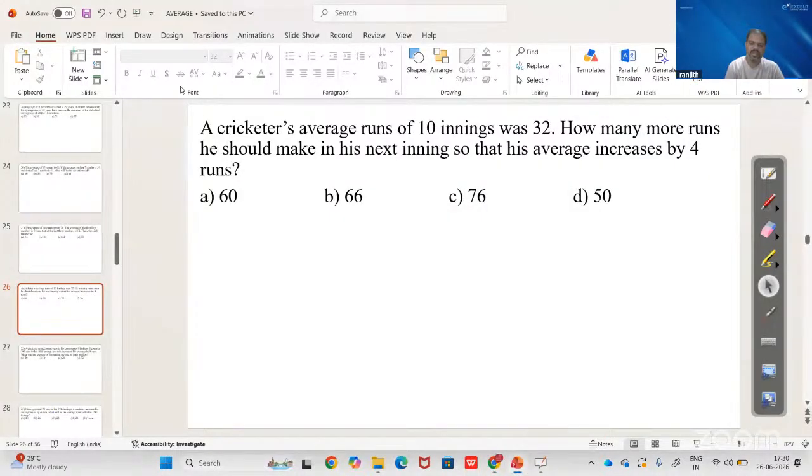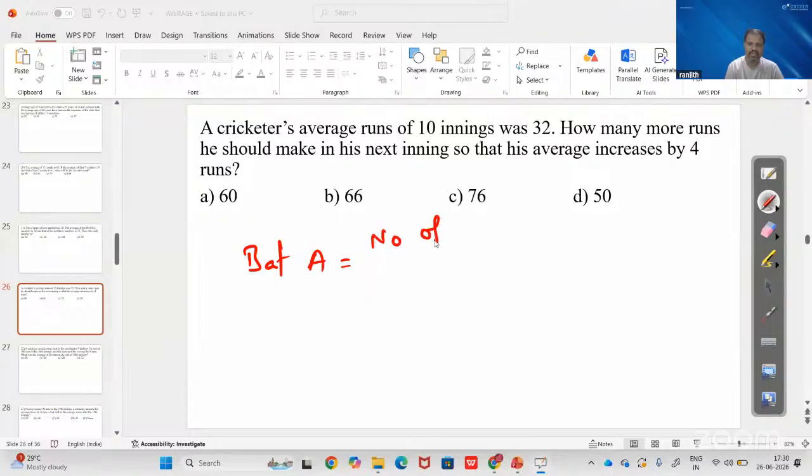So what do you mean by batting average, bowling average? Batting average will be equal to number of runs scored in number of innings, not in number of matches.